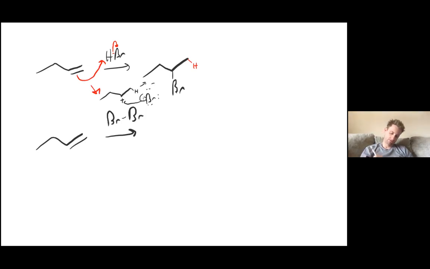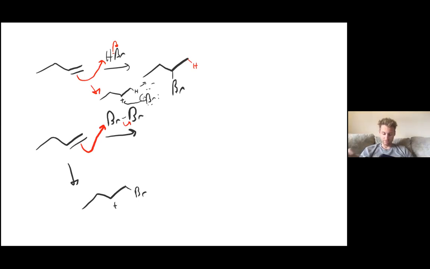With Br2, almost an identical process. So our double bond is going to attack this Br, kick out the other one. We are going to brominate.